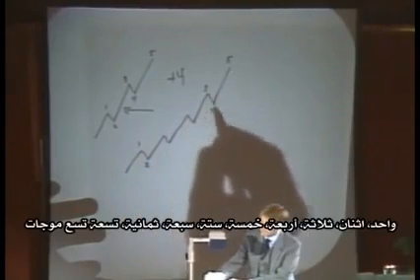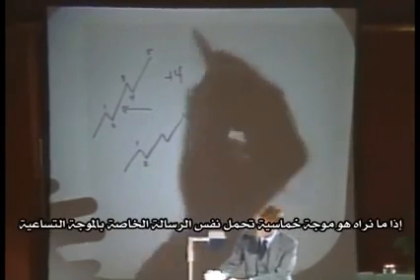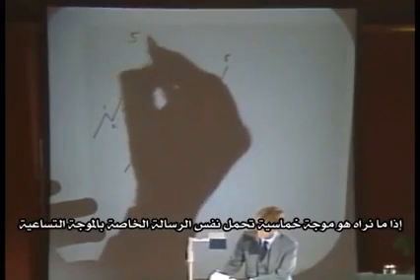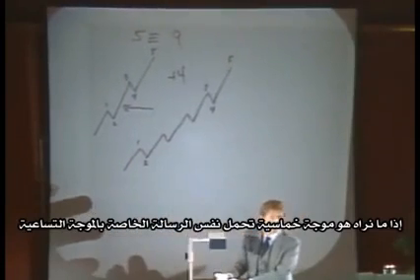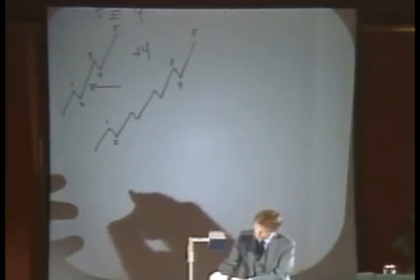1, 2, 3, 4, 5, 6, 7, 8, 9 waves. So what we see is that 5 waves carries the same message as 9 waves. Let's take it one step further.